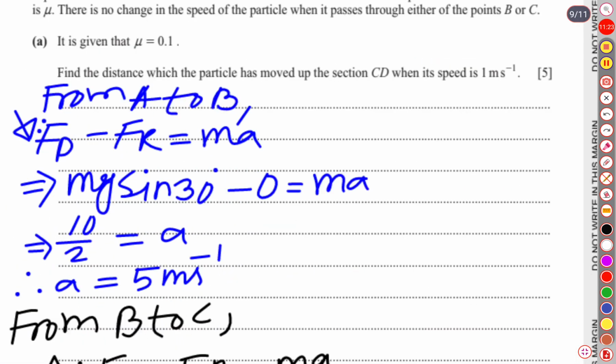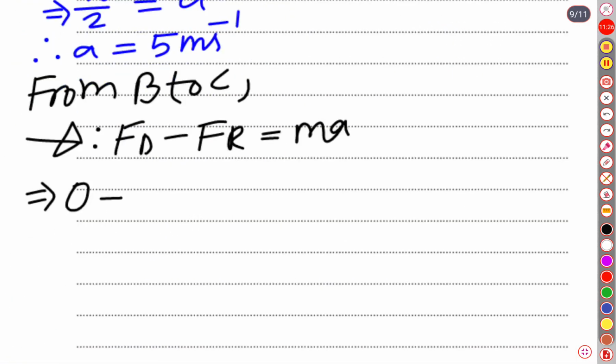The component of weight is mg sin 0 degrees, because the angle is 0 degrees, it is lying horizontally straight.